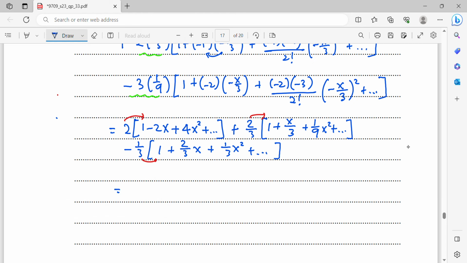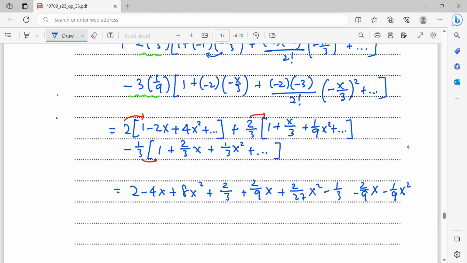So I will get 2 minus 4x plus 8x squared, then plus 2 over 3 plus 2 over 9x plus 2 over 27x squared minus 1 over 3 minus 2 over 9x minus 1 over 9x squared.